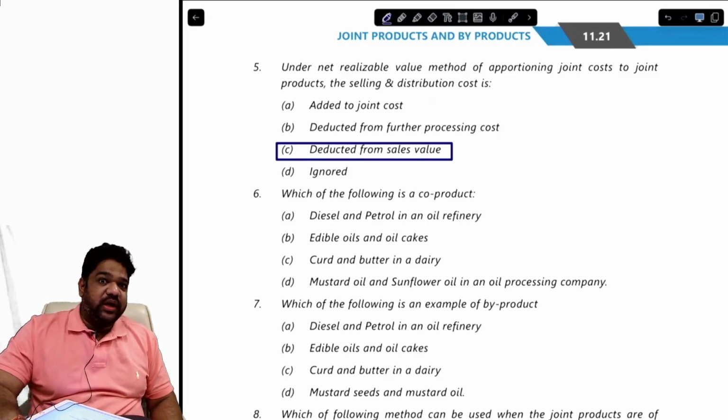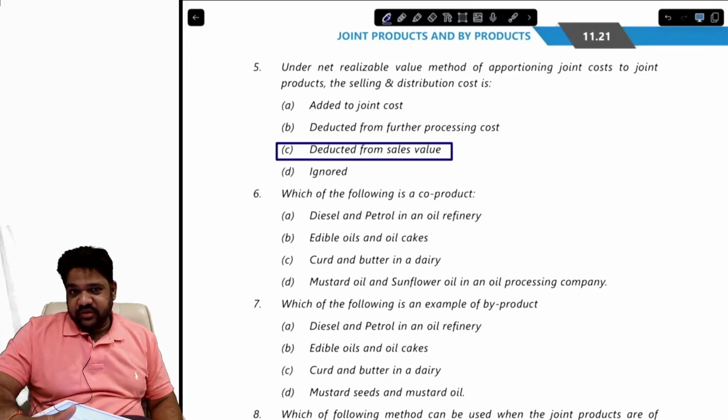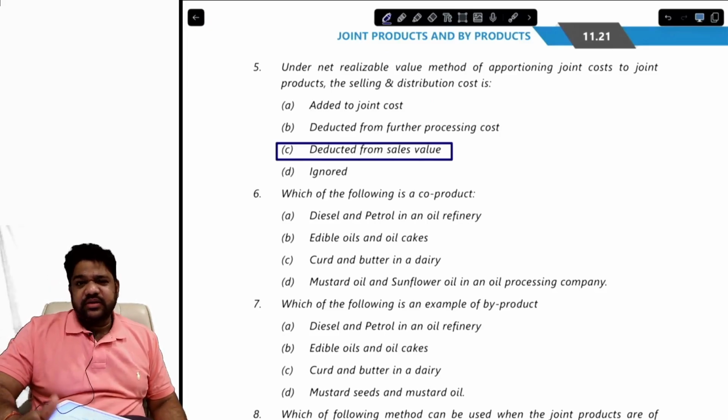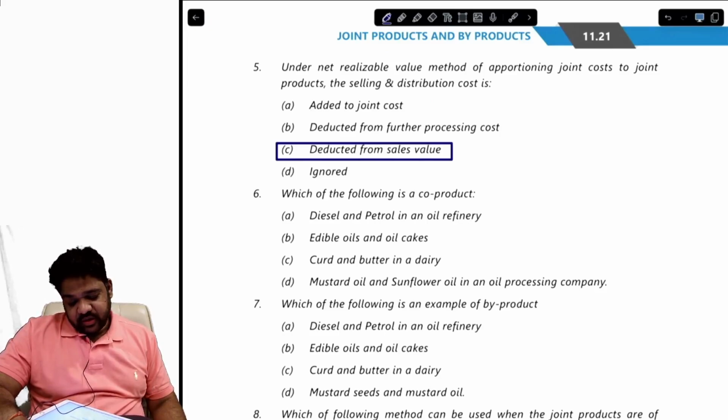Edible oils and oil cake. Now, edible oil is a separate process. Oil cake is a separate process. But let's go further. Curd and butter in a dairy. I think it's the same process. You'll have to heat up milk. Mustard oil and sunflower oil in an oil processing company.